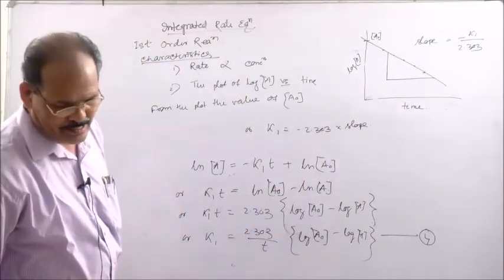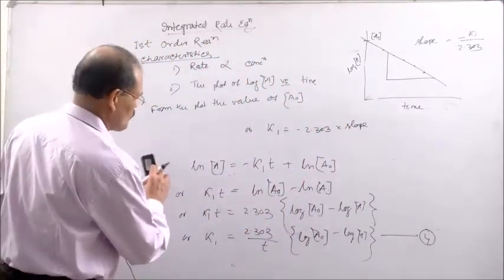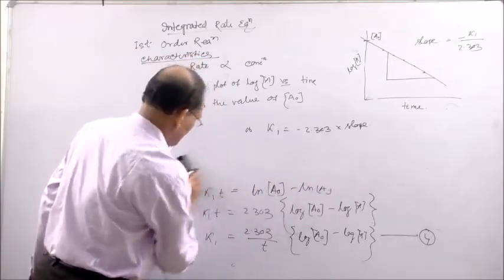So the rate constant can be calculated from this equation.